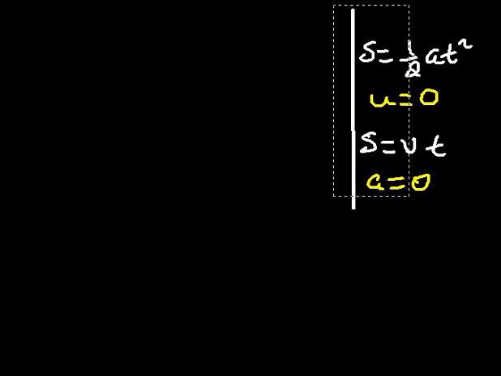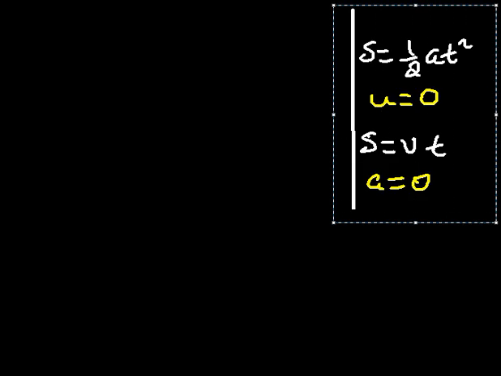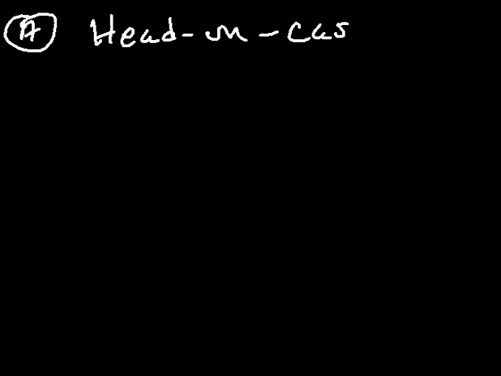So let's now go into the analysis of the typical applications of the equations of kinematics in real life situations. We have the first application, which is the head-on case. What is head-on? In this case, the point of interest is that, let's say we have two objects.